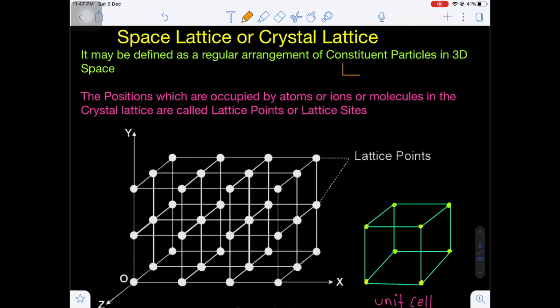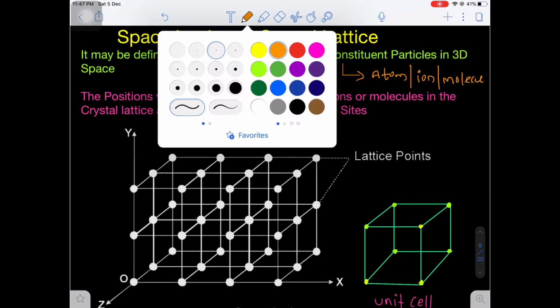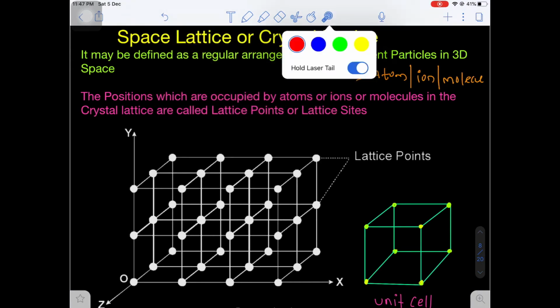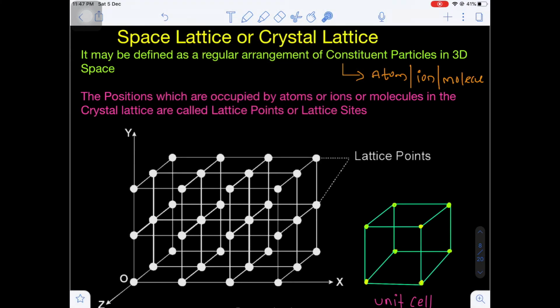The constituent particle here may be an atom, an ion, or a molecule. That means in a crystal, the constituent particle may be an atom, ion or molecule which can be arranged in a 3-dimensional manner. Okay.